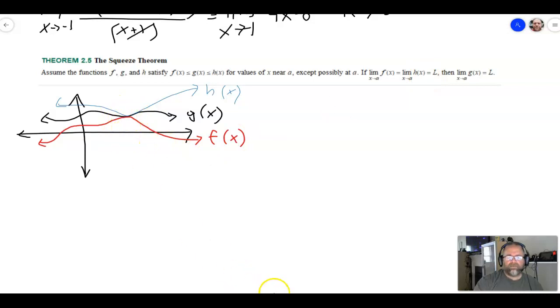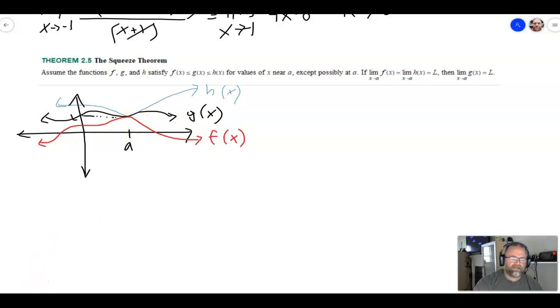So if we look at x approaching a, the limit of the bottom function is approaching some f of a, which is equal to our limit there, and the top function is doing the same thing. It's approaching that same L. Then the limit as x approaches a of g of x has to be that same L, because it can't be above h of x and it can't be below f of x. And that is called the squeeze theorem.